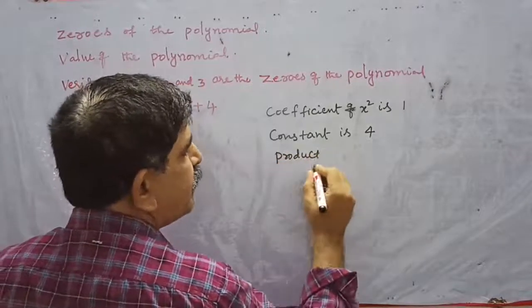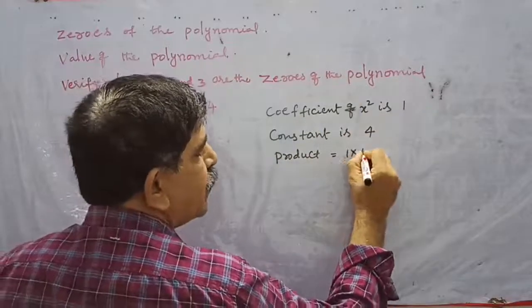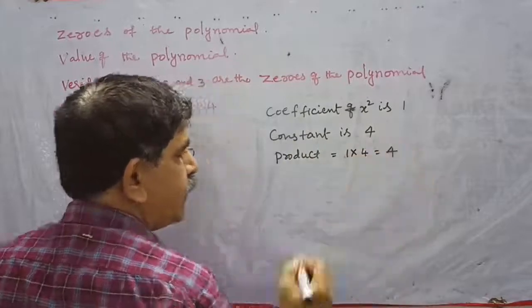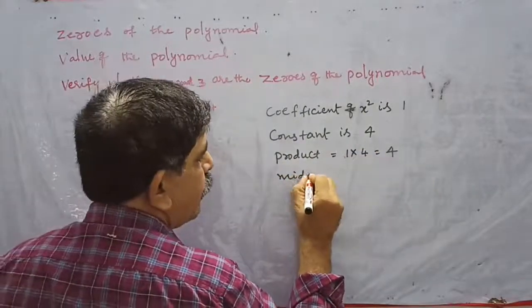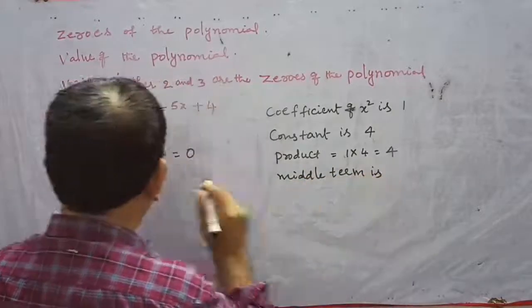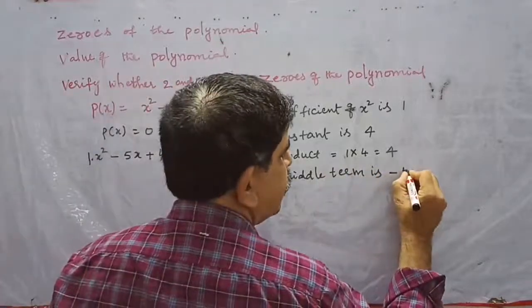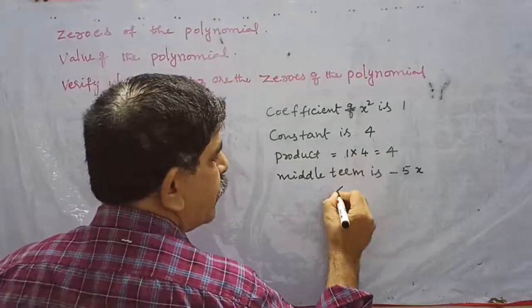Which product we have to find? Product of x square coefficient and constant. 1 into 4. That is equal to 4. Next, you take the middle term. Middle term is minus 5x.